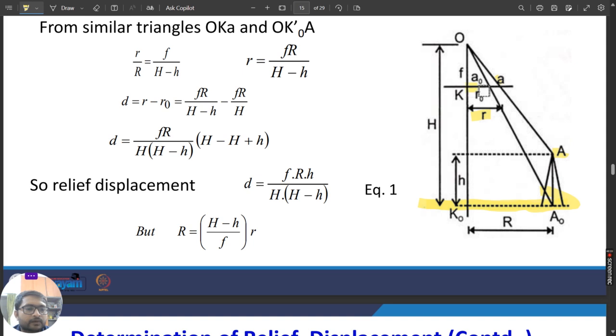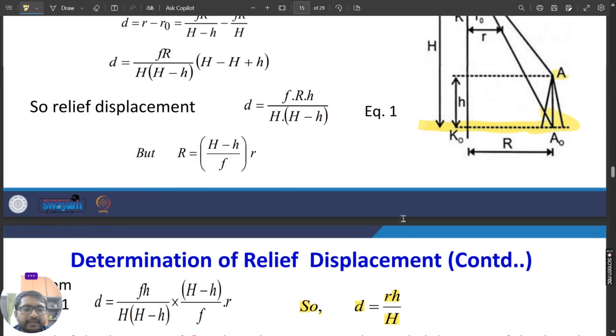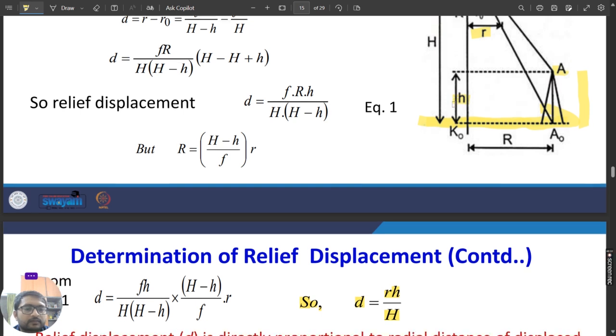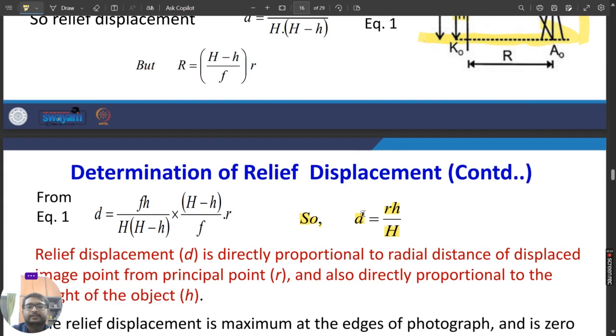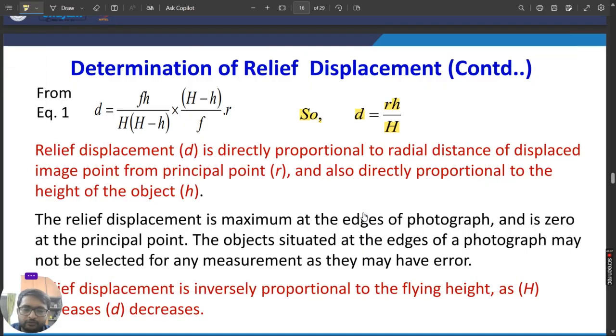Small h is the height of your tower, which is this one, and d is your relief displacement. Now, based on this, we will solve some questions.